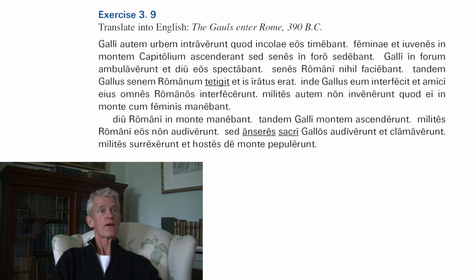Okay. Feminae et juvenes in montem Capitolium ascenderant, sed senes in foro sedebant. We're going to go to our first verb first, ascenderant, third person plural, they, or a noun in the nominative plural. Back to the beginning we trundle and we find feminae et juvenes.